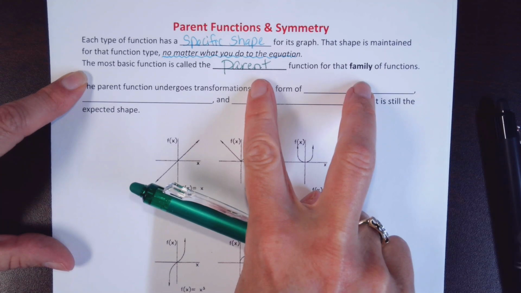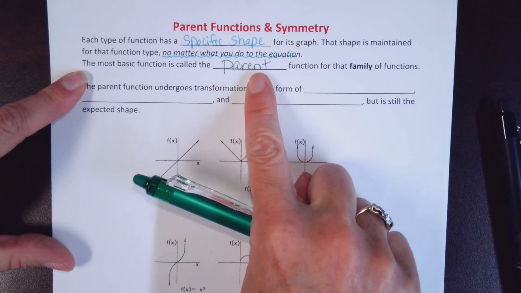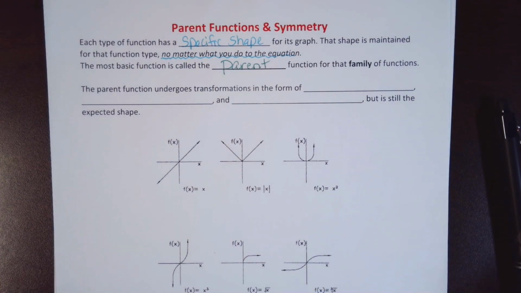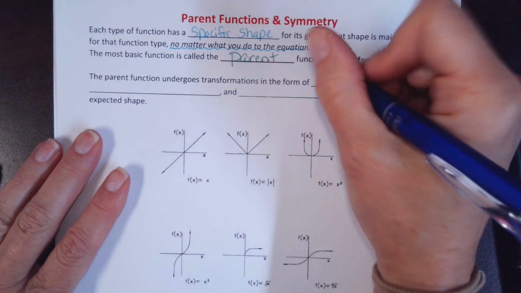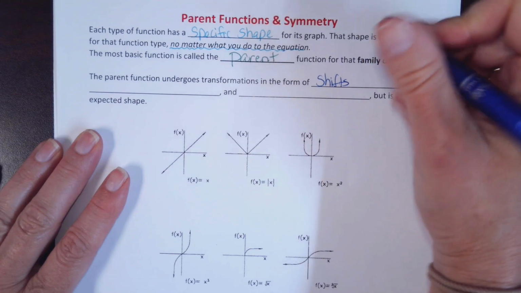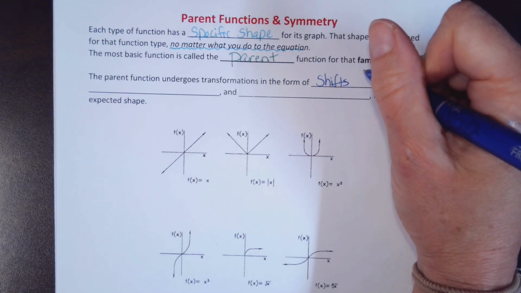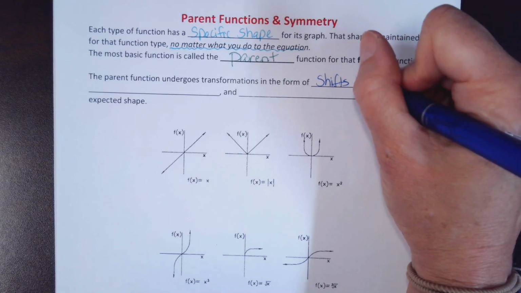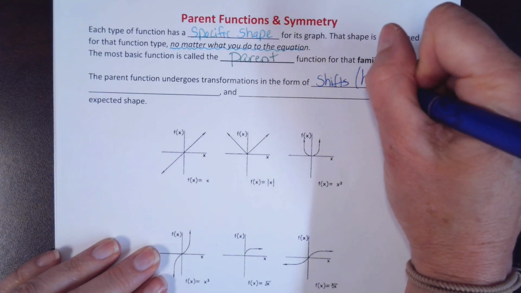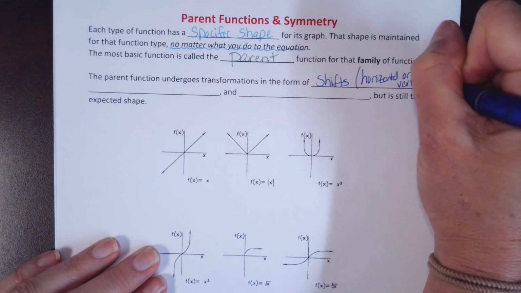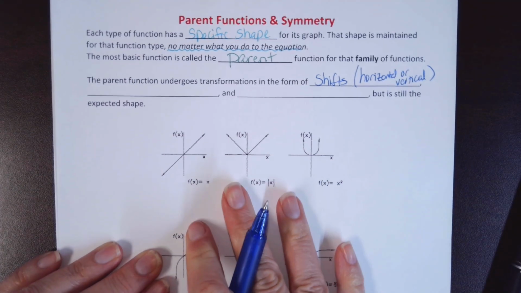The most basic function for each type is called the parent function for that family of functions. Makes sense, right? You have a family of functions. The parent is the most basic one. It's what you start with. Now, the parent function goes through transformations in the form of shifts. Shifts can go up or down, left or right: horizontal shifts, left or right, or vertical shifts, up and down.